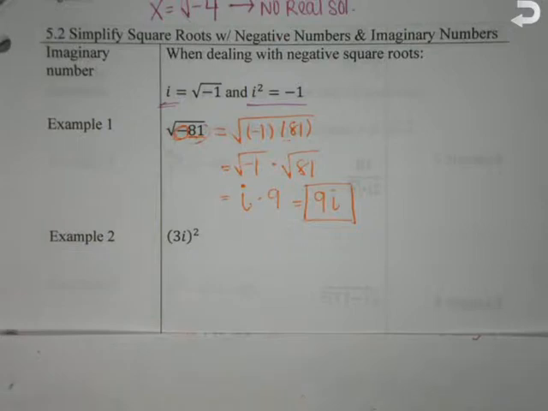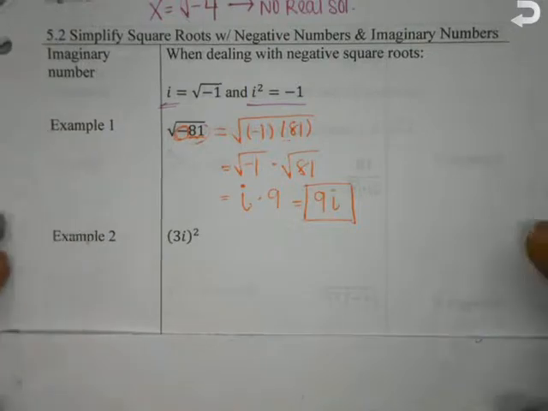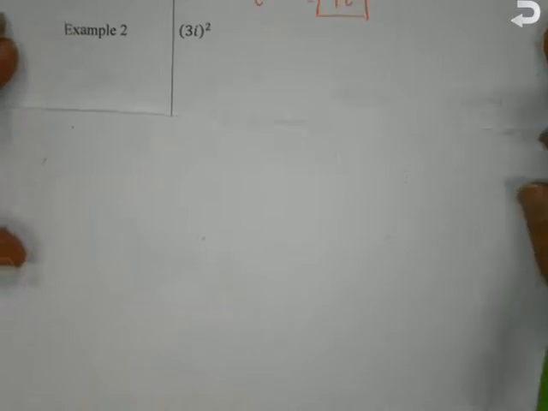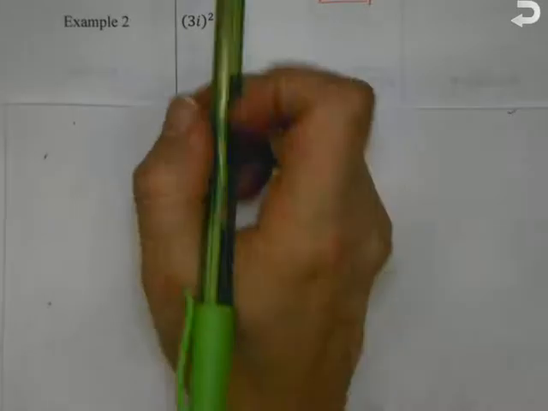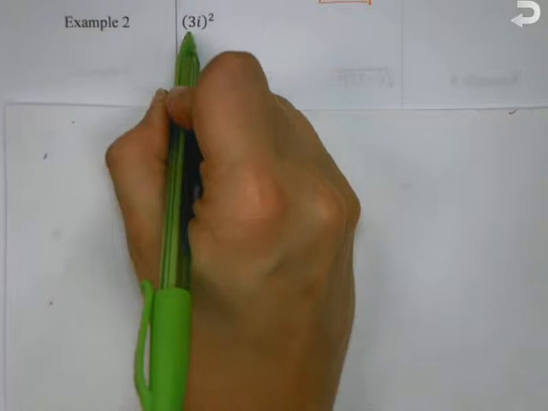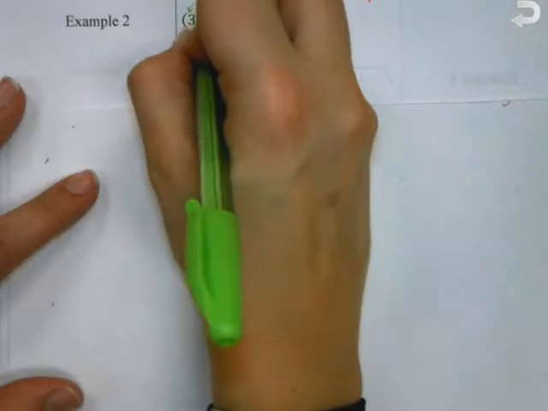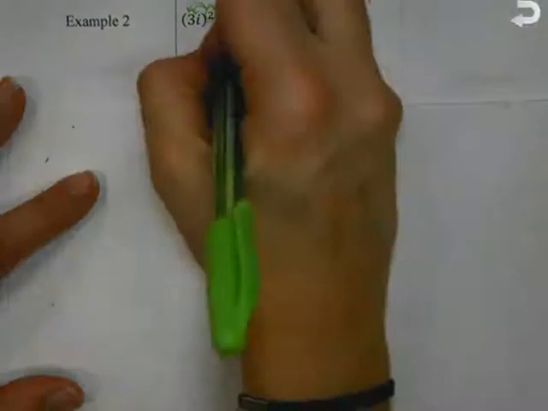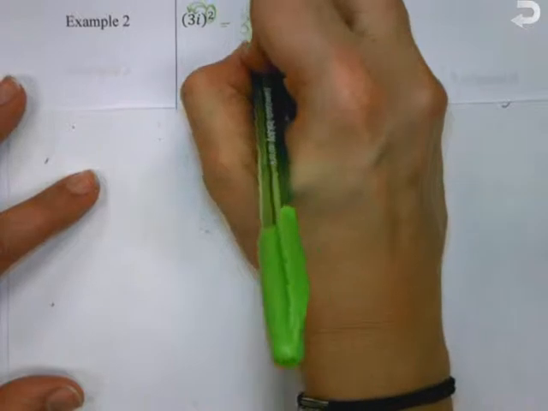Now the thing about i is it works very similarly to a variable, but it actually represents square root of -1, but it kind of acts as if it was a variable. Okay? So when we had something that looked like this, 3i, all of that to the second power, what did I do with this exponent? Distribute it. So let's distribute the exponent. That gives me 3 to the second power times i to the second power.